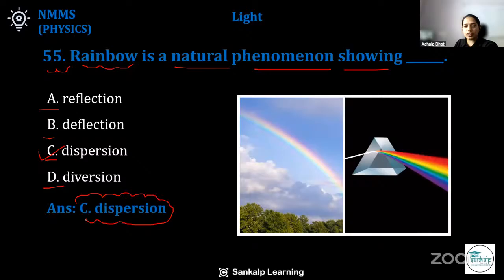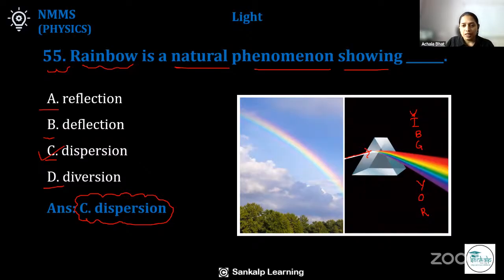Dispersion is nothing but splitting of white light into 7 different colors. See, when white light passes through this glass prism, it splits into 7 colors. What are those colors? VIBGYOR. These are the colors.